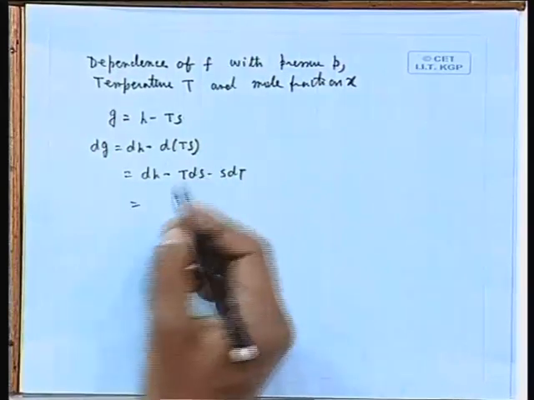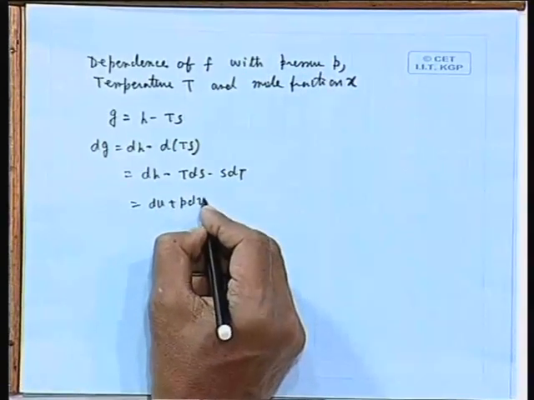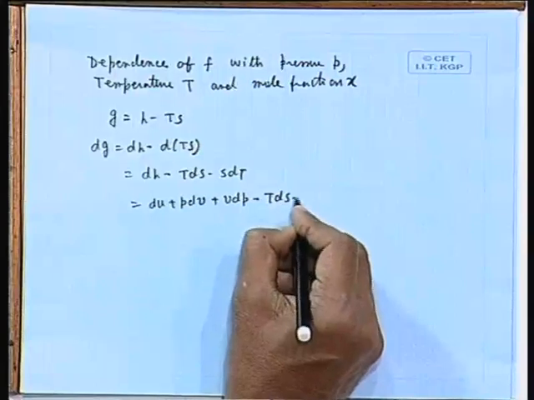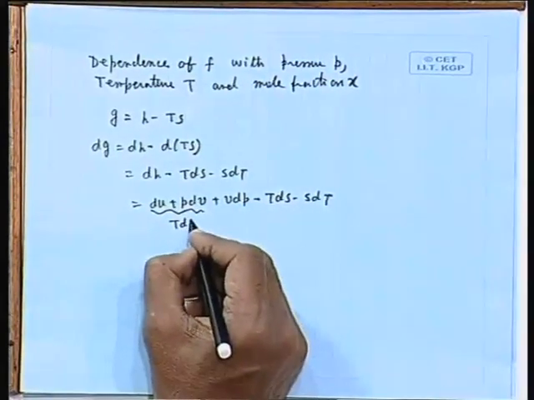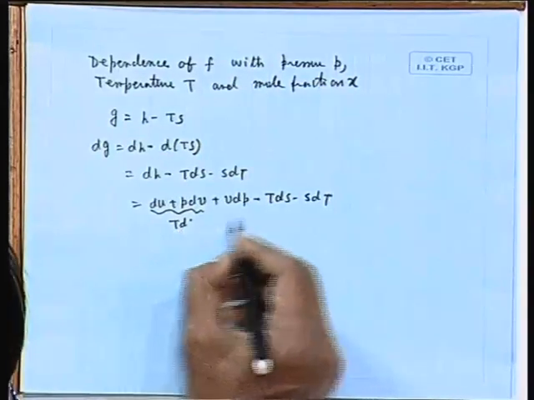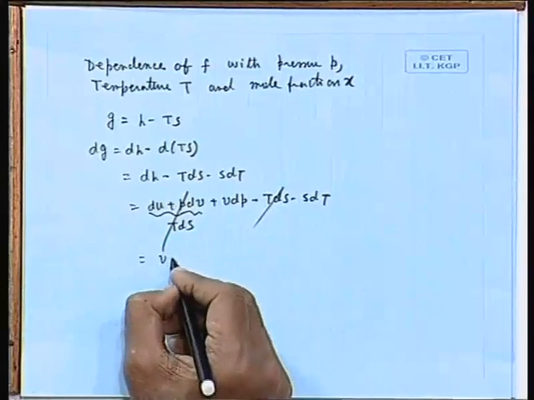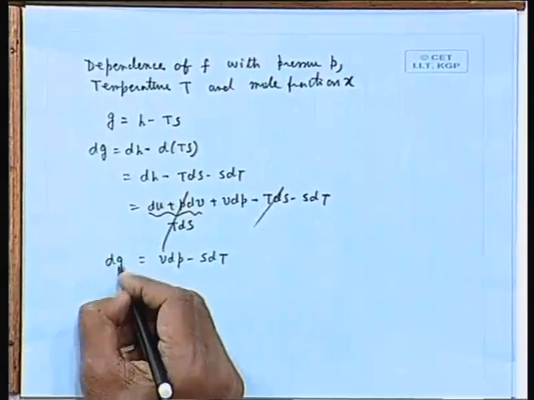Again I am doing this, it has been done several times. dH is dU plus PdV plus VdP minus TdS minus SdT, and you know dU plus PdV is TdS, so TdS cancels, so we get VdP minus SdT. So this is our starting point definition.